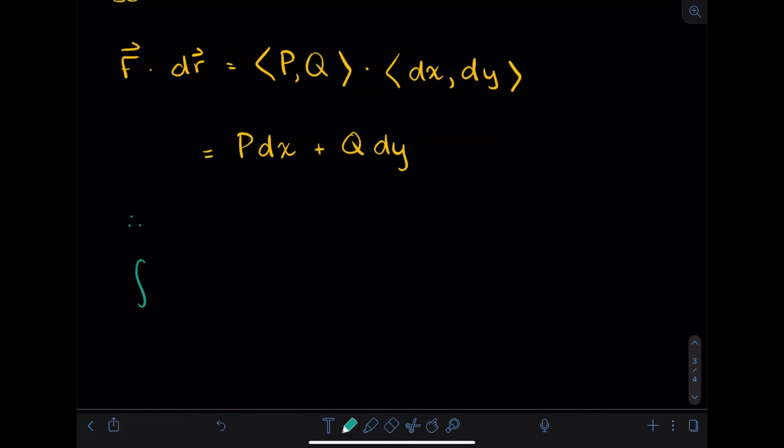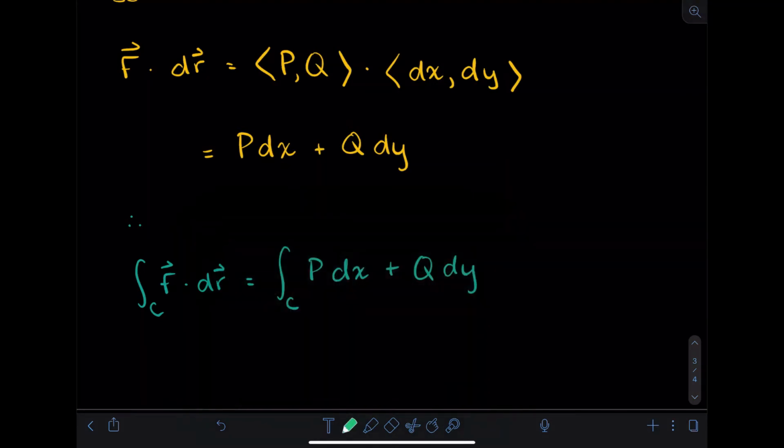Well, here's an alternate form of looking at a line integral of a vector field. Again, we have our F and dr, but now we can think about this actually as the line integral of P dx plus Q dy. And why is this useful? Well, what is this? This is exactly a combination of coordinates.